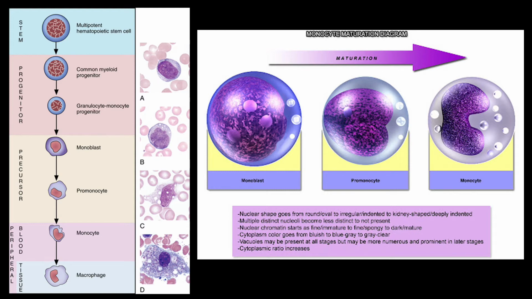And the cytoplasm color goes from bluish to blue-gray to a gray-clear color. Vacuoles may be present at all stages. As you can see in the image, from the monoblast to monocyte, they contain circular whitish structures, which correspond to the vacuoles. Also, the cytoplasmic ratio increases.